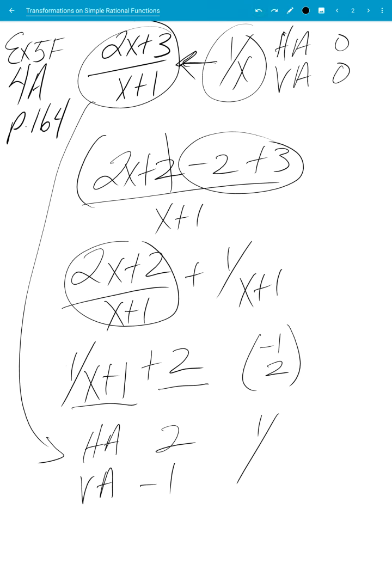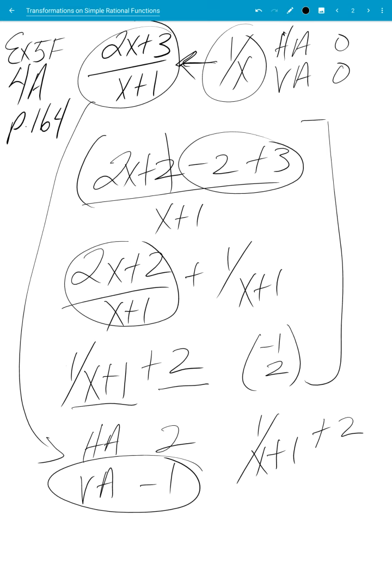I took 1 over, and this was the horizontal shift because the vertical asymptote shifted over to -1, to the left by 1. So I add 1 here, and I've gone up by 2. And now that's really a simple way to get to the answer without having to do this algebra.